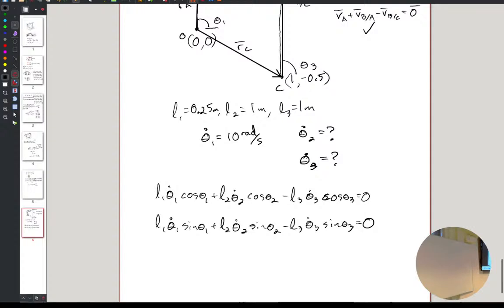They all end up with that same definition. Instead of R, it's L, some length away from where they're connected.